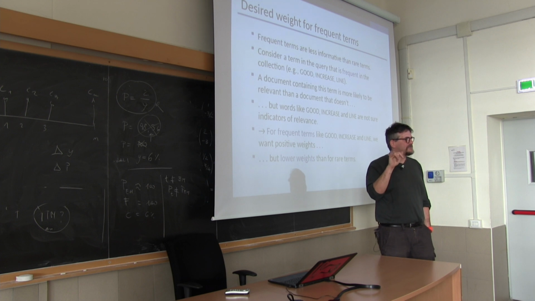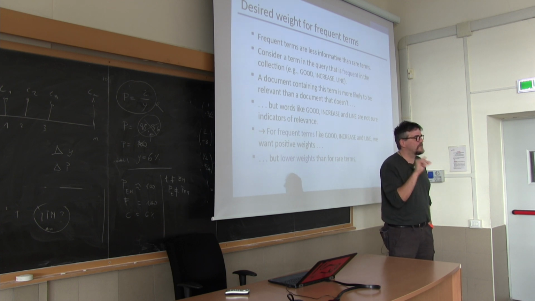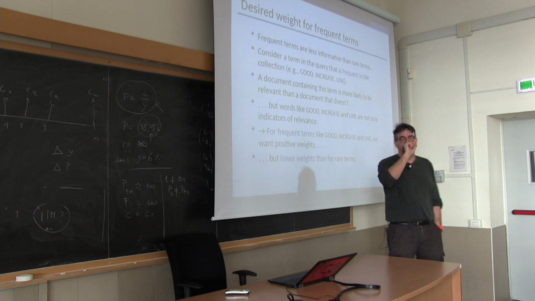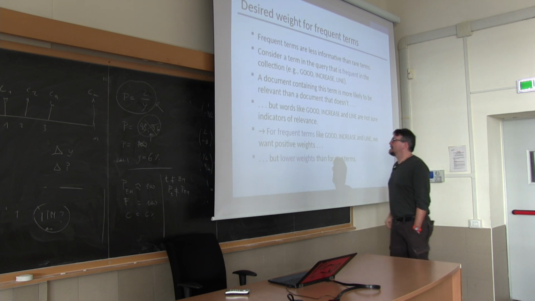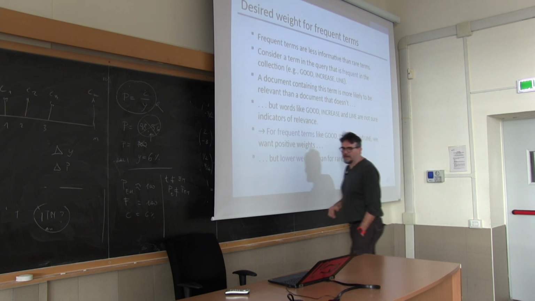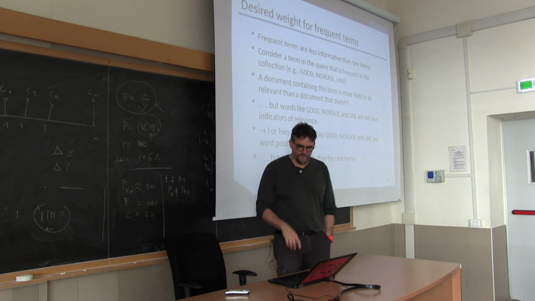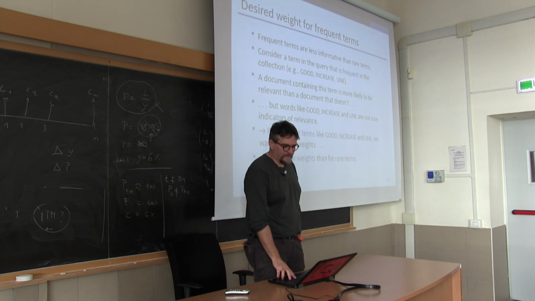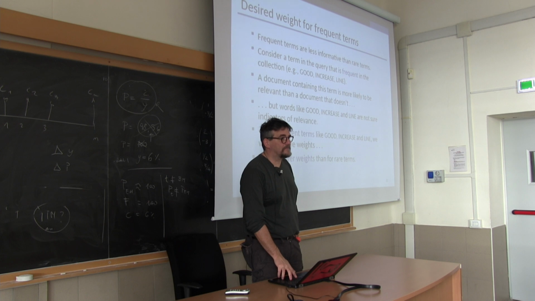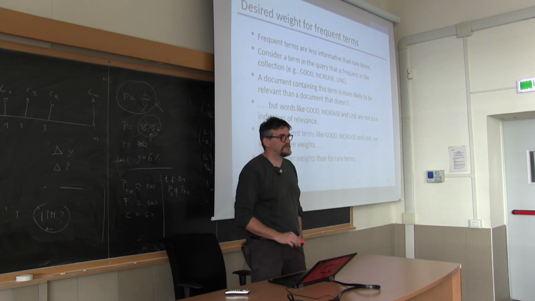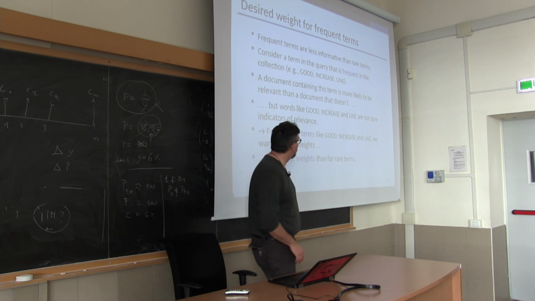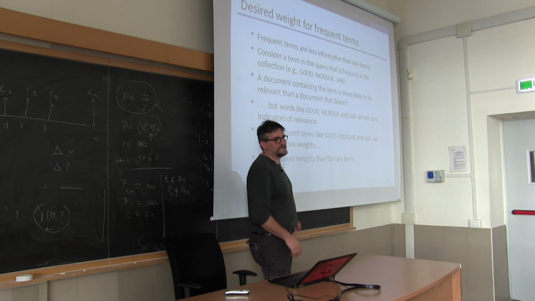We still have to understand the meaning of IDF, but this IDF part takes into consideration the rarity of the term. So we would like rare terms to get the highest score, while frequent terms get a lower score in terms of the power of discriminating among the documents, even if we want them to have positive weights.